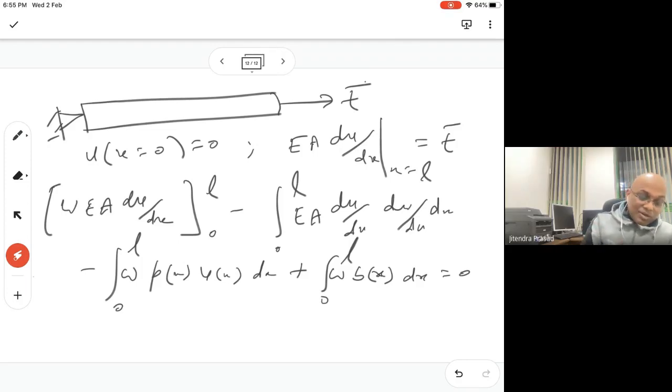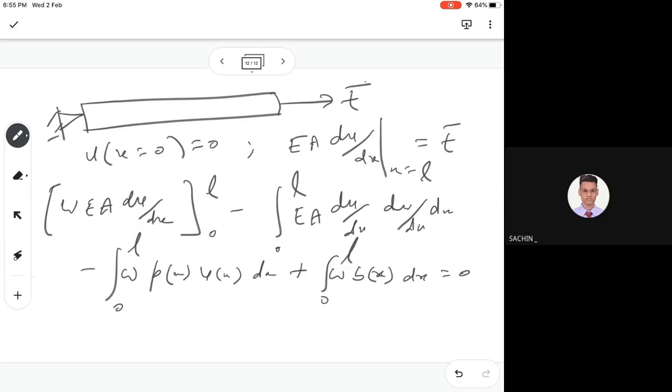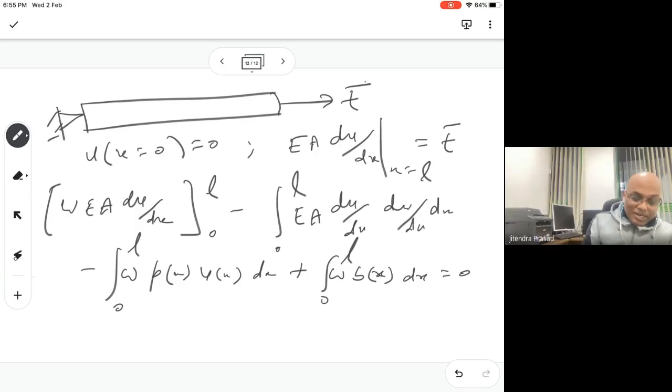Okay, I will tell you. So let us rearrange it. So we can write here we have w at x equal L, and this we know that EA du/dx is equal to T bar, right? So this equation becomes w at L times T bar minus, now u at x equal to 0, so it will be 0 because w at 0 will be 0, then minus whatever value we have here, right?